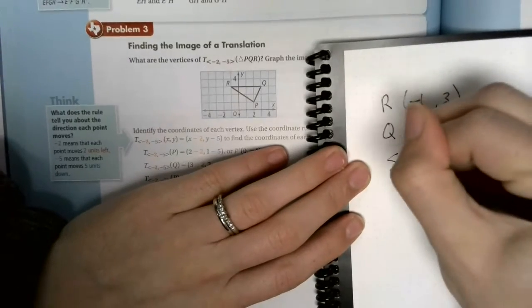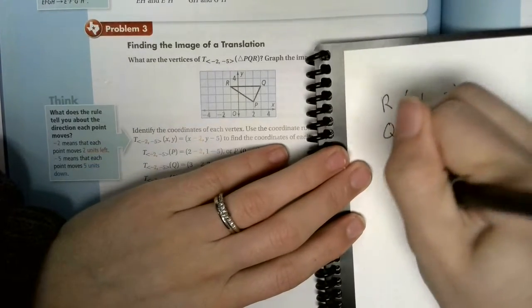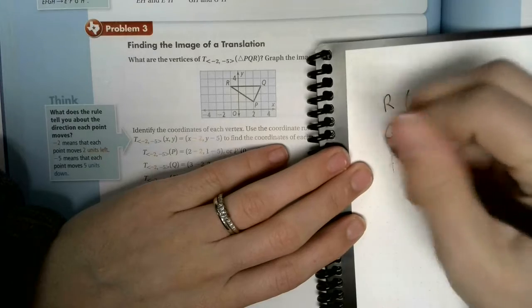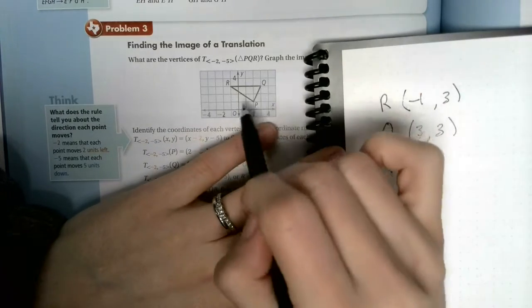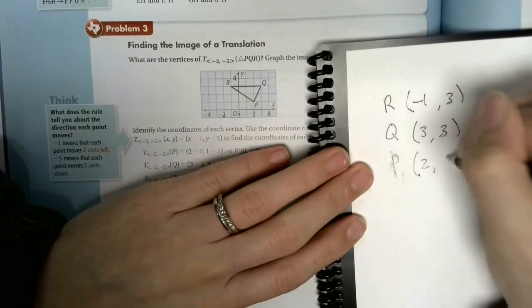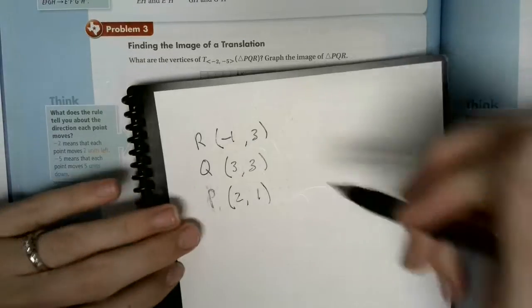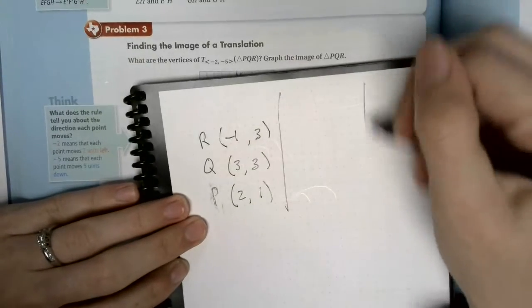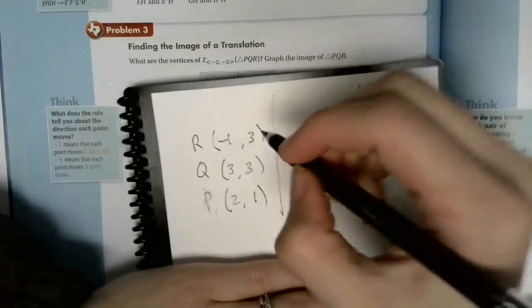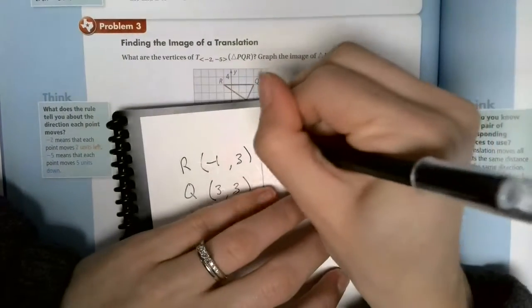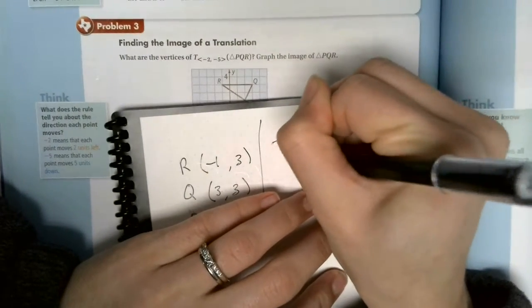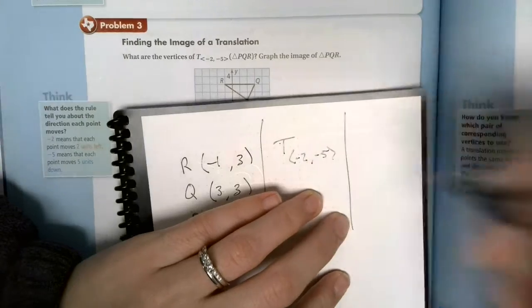X, Y. And P, that's P, not S, is at 2, 1. Okay, so I like to make 3 columns. So this is where I'm going to put my rule. It says my rule is T negative 2, negative 5.